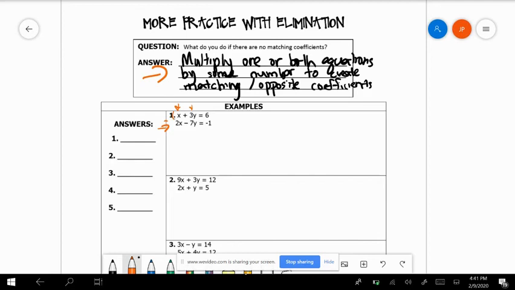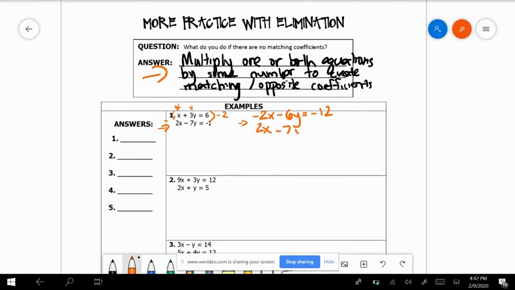For example, I'm going to multiply this first equation by a -2, and I mean the whole thing. So you're basically doing the distributive property on this equation. Now that equation becomes -2x minus 6y equals -12.